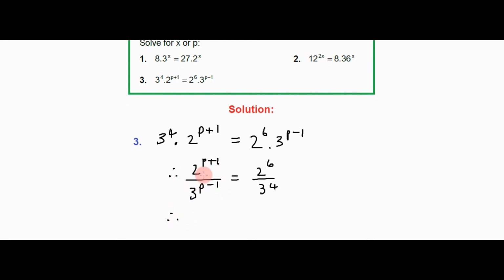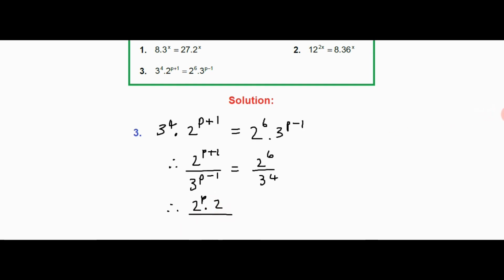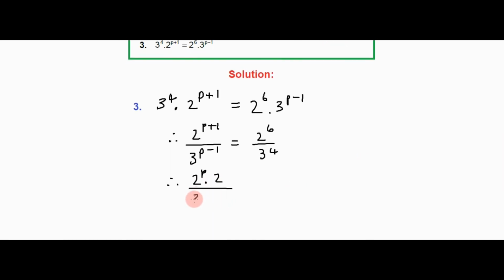So I'm going to split up each term, the term in the numerator as well as the denominator. For the numerator, we're going to write 2 to the p times 2 to the 1. And in the denominator, we're going to write 3 to the p times 3 to the negative 1.